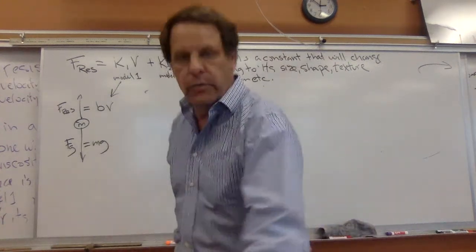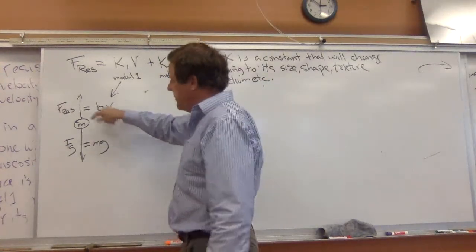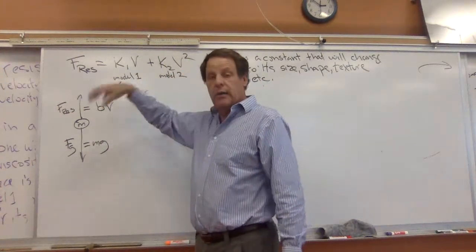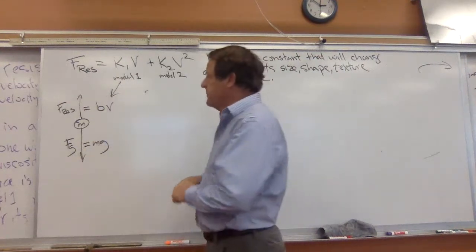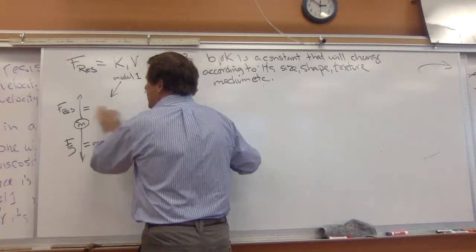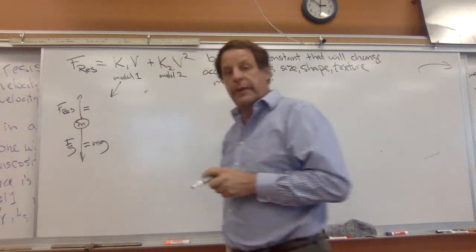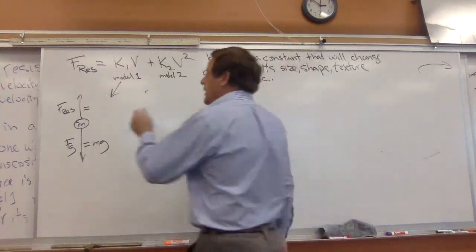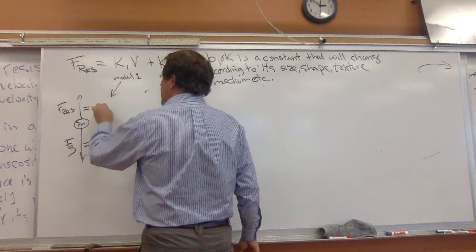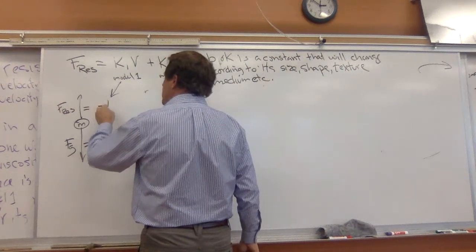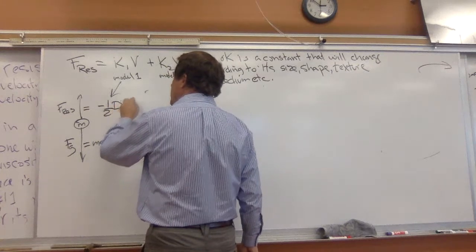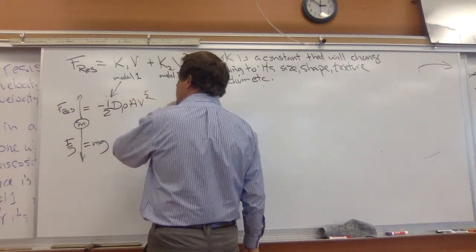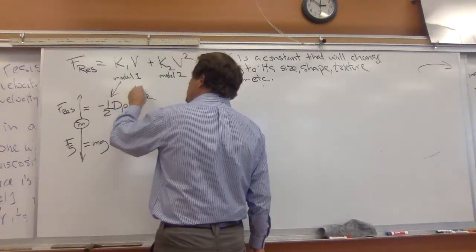All right, so now we are back to the same thing. If we drop a mass, we're going to have our force of gravity that's going to make it go down. And again, I'm saying down is positive. Except now, instead of this resistance force being bv, it is going to be minus 1/2 D rho A v squared.